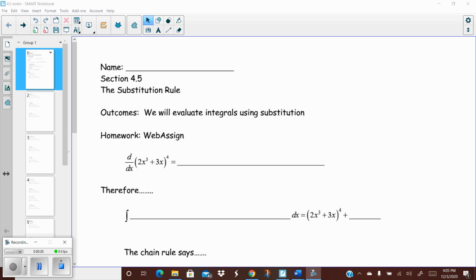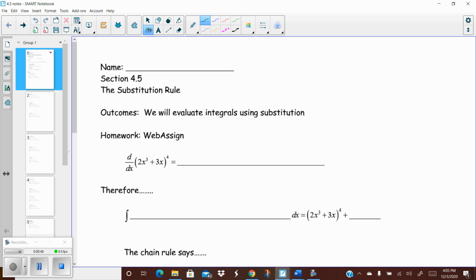So basically, it's going to undo a composite function. It's going to give us a way to take an antiderivative of something that was a composite function from its derivative. So in order to understand that, let's review the fact that if we took a derivative of a composite function, 2x cubed plus 3x, the whole thing to the fourth power, it would be a chain rule.